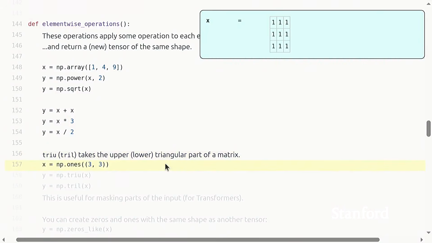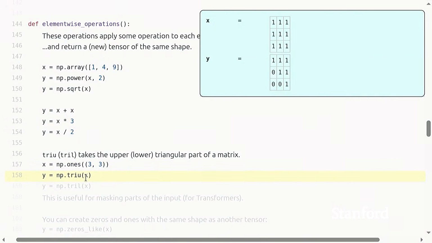If you have an all-ones 3 by 3 matrix, triu will zero out everything under the diagonal, and tril will zero out anything above the diagonal. We'll see later that this is useful for masking parts of the input.